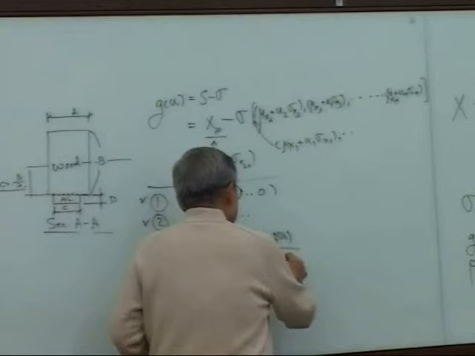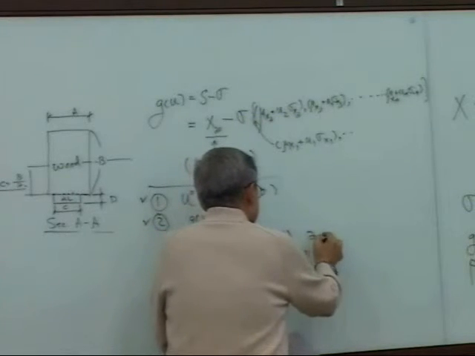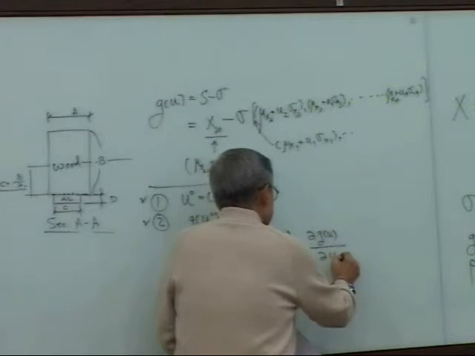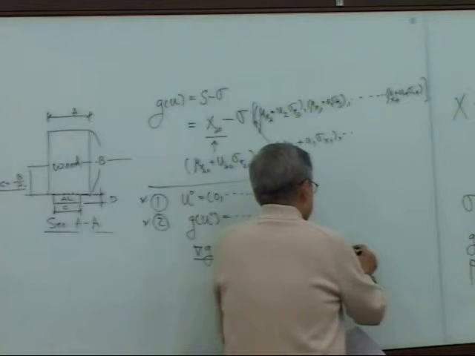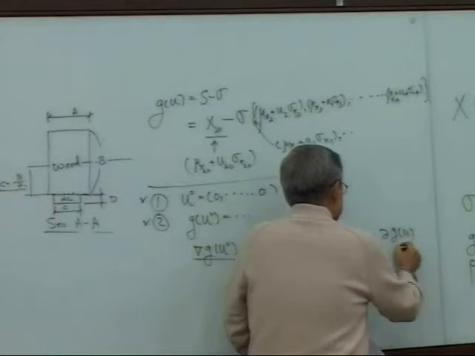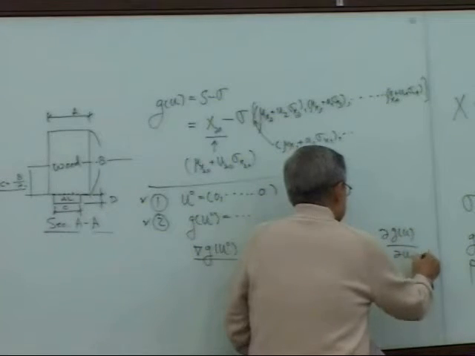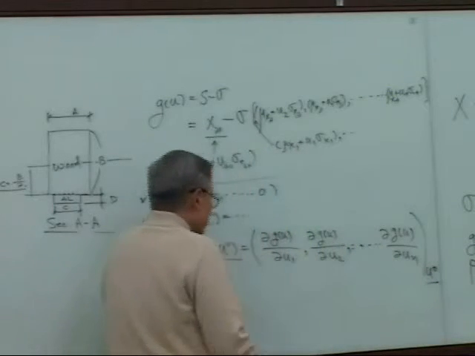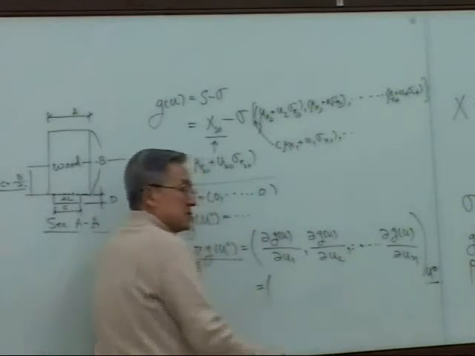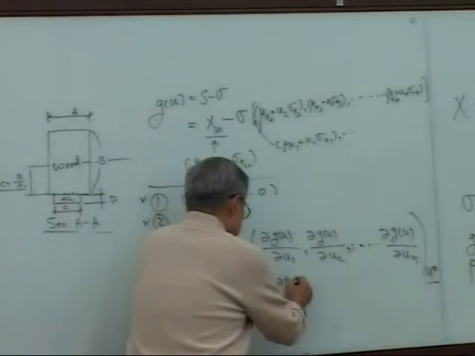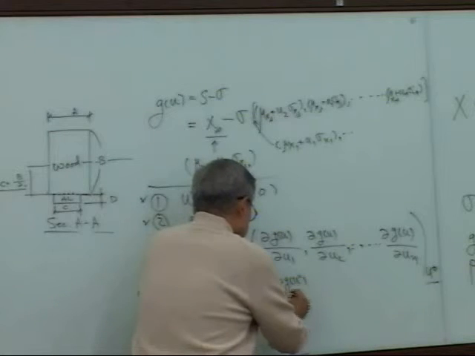Usually we wrote it like this: del G, partial G over partial u1, u2, up to u n, evaluated at u0. The authors, in that red cover book, just write it for simplicity like this.